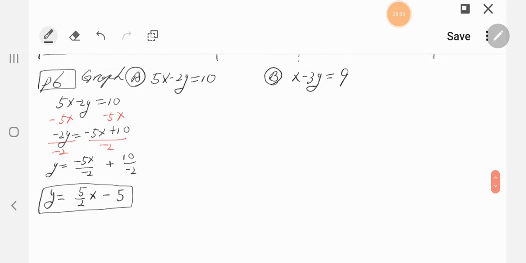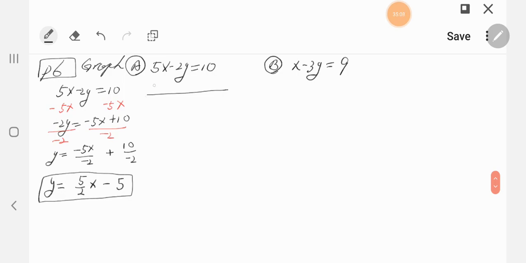Using this equation, let's find 2 points. Let's say x equals 0, then y is 5 over 2x minus 5, right? So 5 over 2 times 0 minus 5 is equal to negative 5. So the ordered pair is x equals 0, y is negative 5.